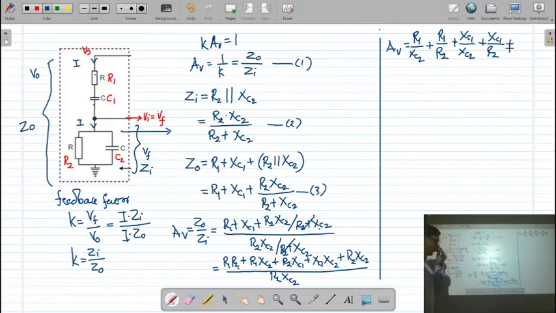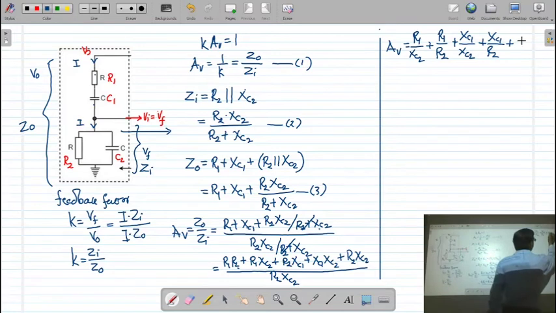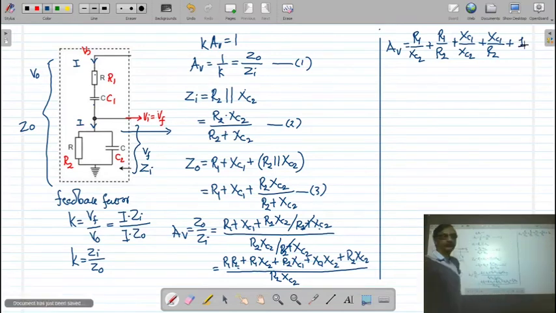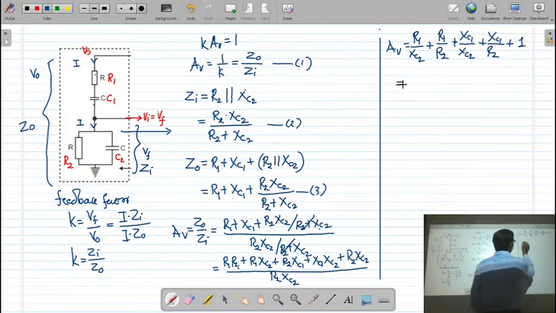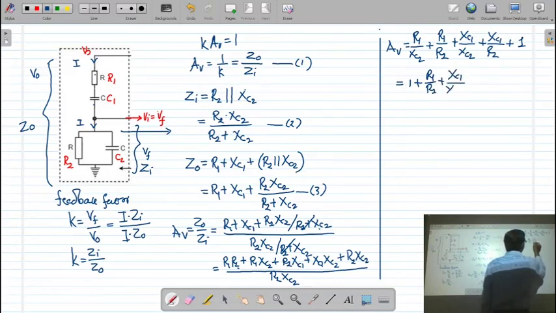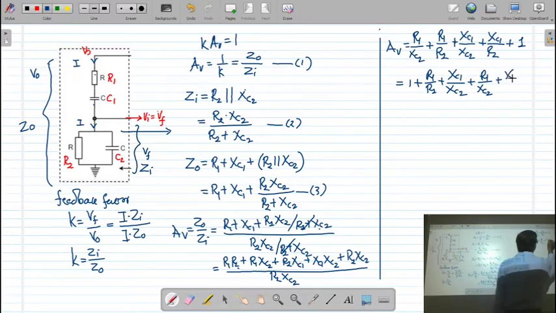And in the fifth term, R2 XC2 is divided by R2 XC2, so it is equal to 1. So we are just simplifying this expression. Now I can also write this expression as 1 plus R1 by R2 plus XC1 by XC2 plus R1 by XC2 plus XC1 by R2.